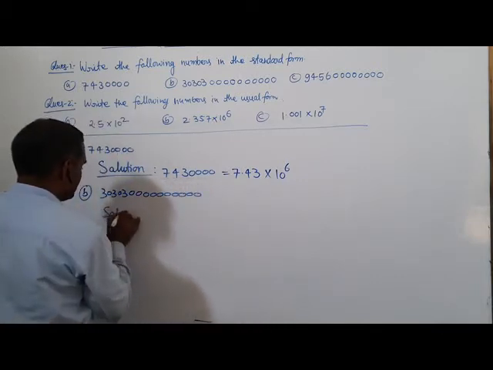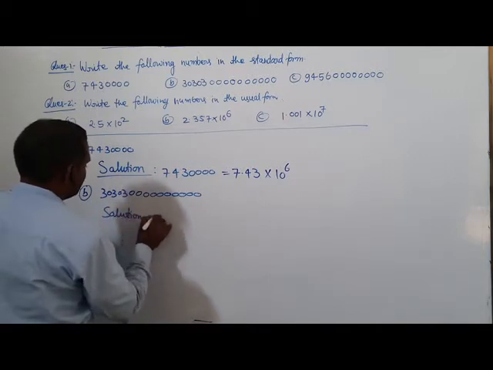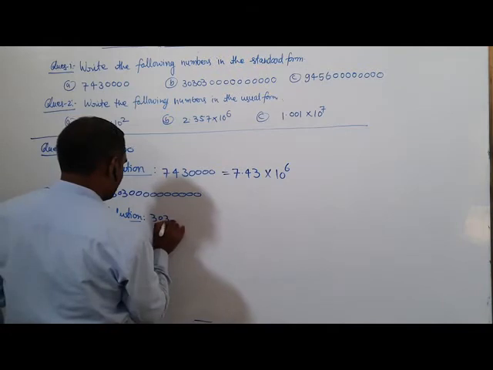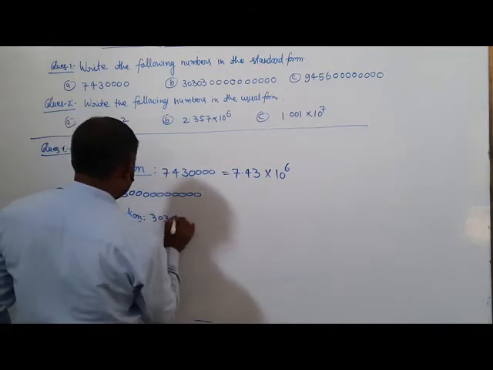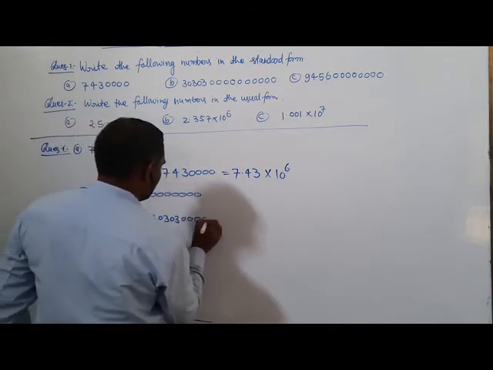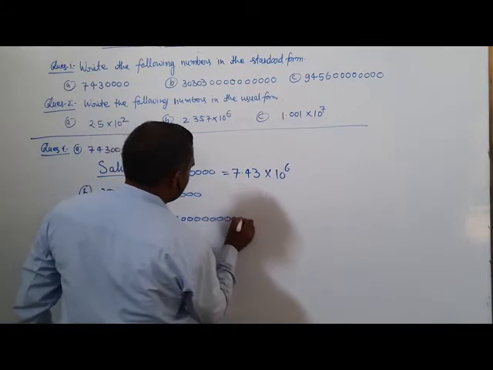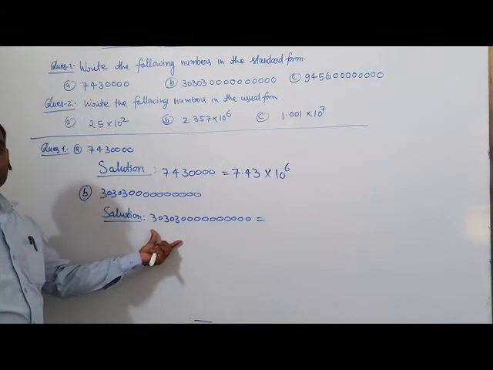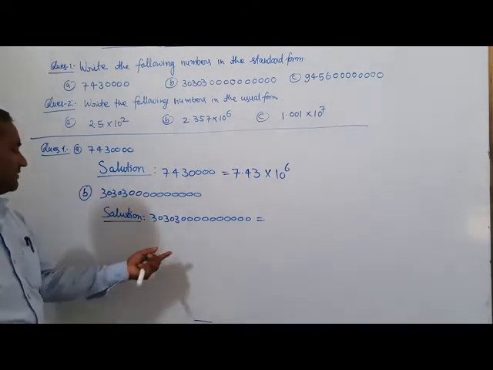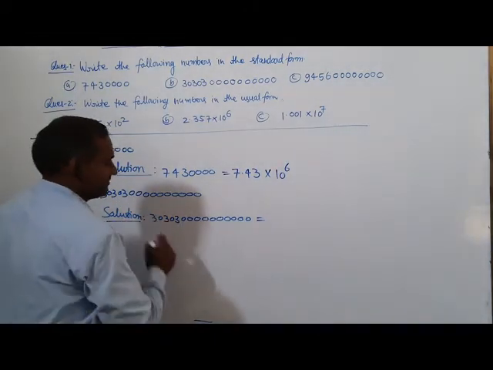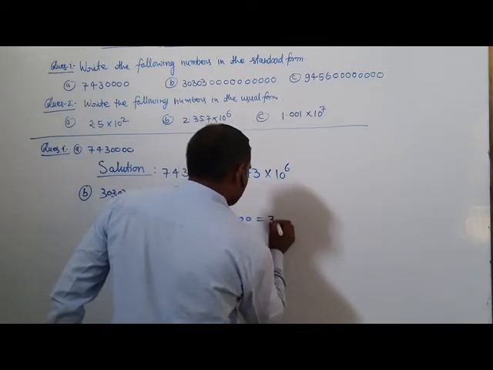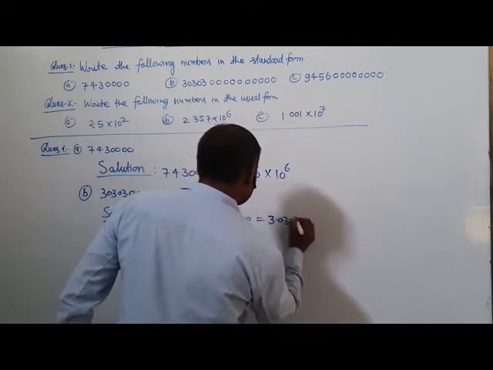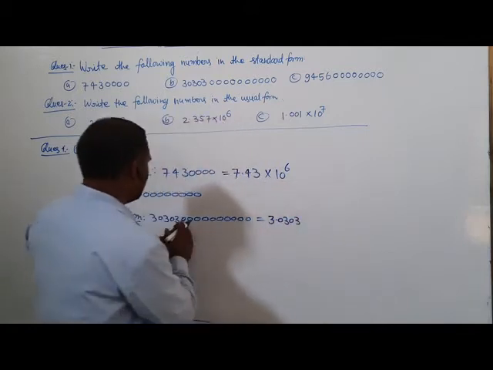Solution: the value of this will be between 1 and 9. Write the decimal here: 3.0303. After this there are 0s.